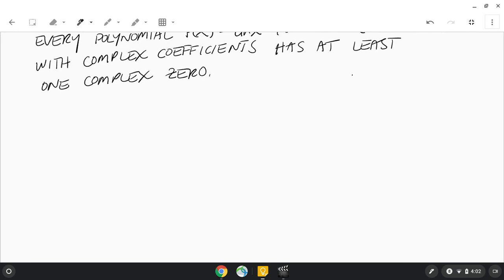And then we're going to also look at the complete factorization theorem.